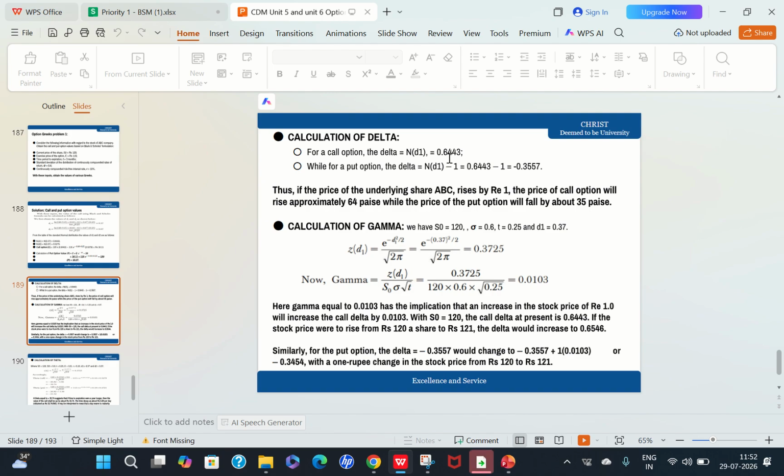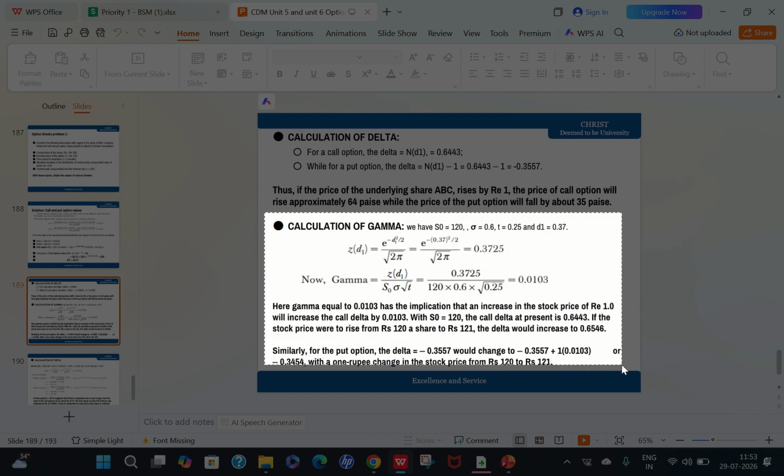Instead of just going through the formula, try to understand the basic concepts, not at a very high level. Only when you get into a practical forum will you be able to appreciate the Black-Scholes model. But for examination purposes, let us crack it like this. Next, coming to gamma. Gamma is more of an application of formulae. So let's crack the gamma part.